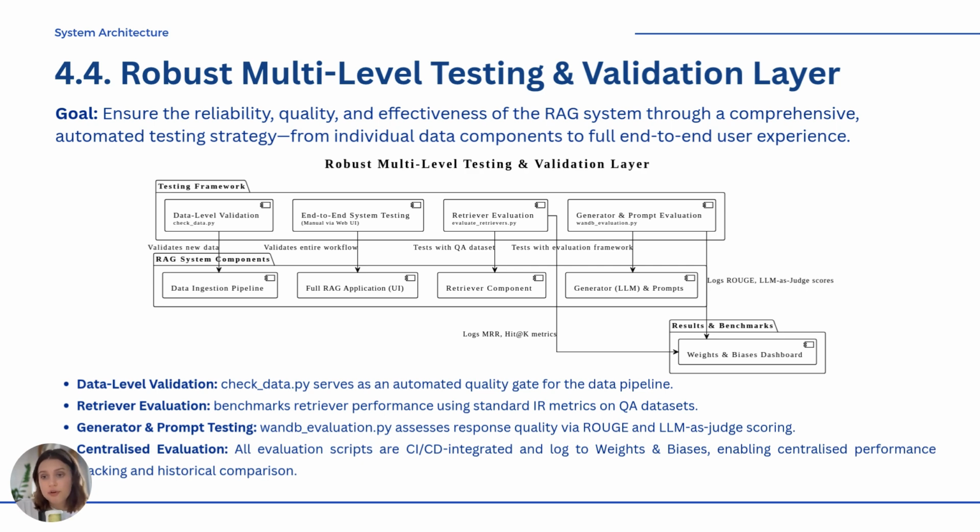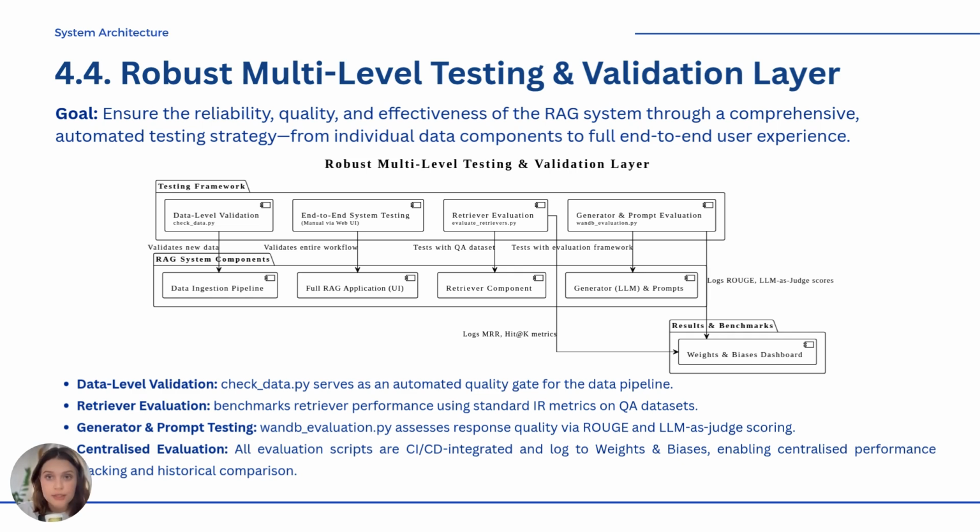We have retrieval evaluation, which benchmarks retrieval using information retrieval metrics. We have generator and prompt evaluation. We have W&B evaluation, and all results are logged to Weights and Biases, transforming evaluation into a continuous CI-integrated quality loop for every component.